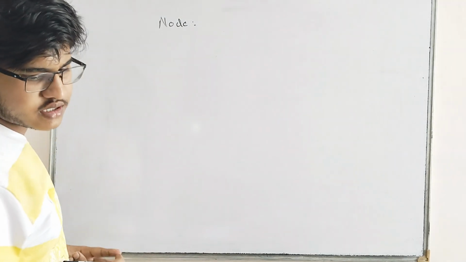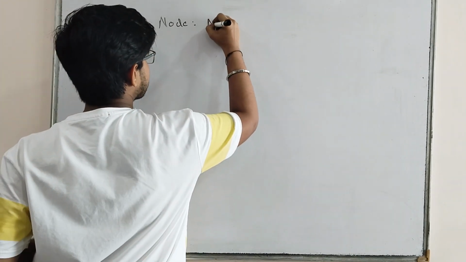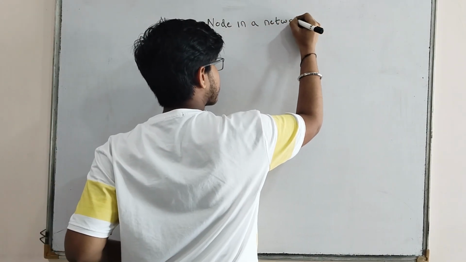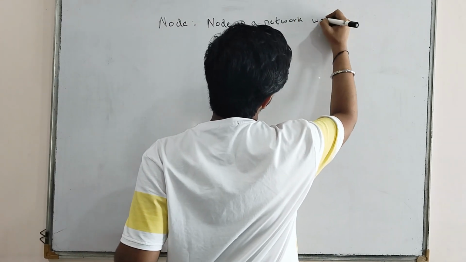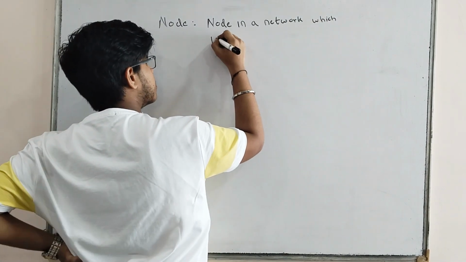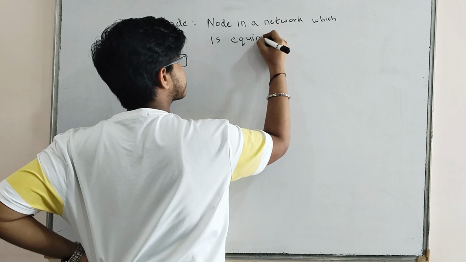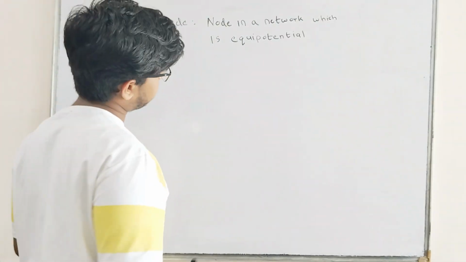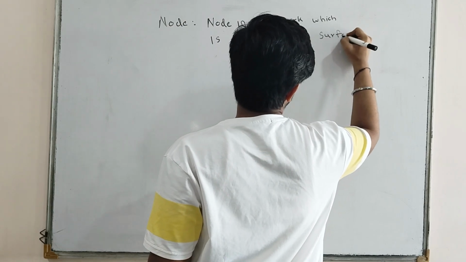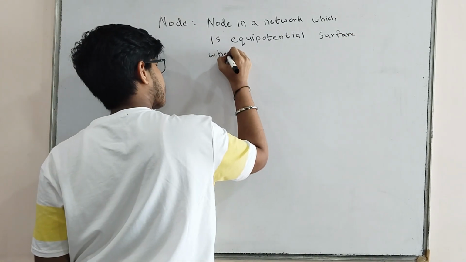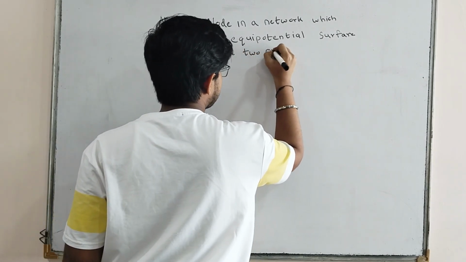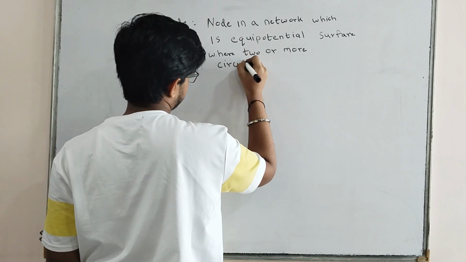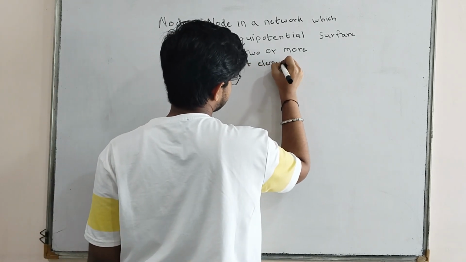So what is a node? A node is a network point which is an equipotential surface, where two or more circuit elements combine.